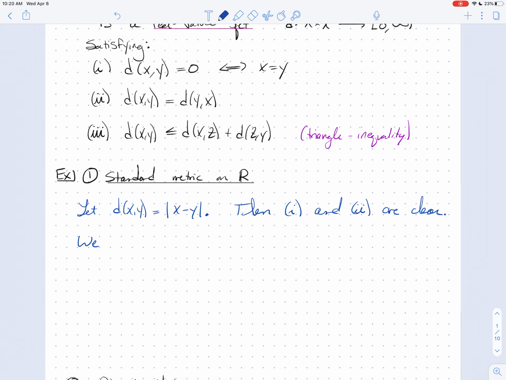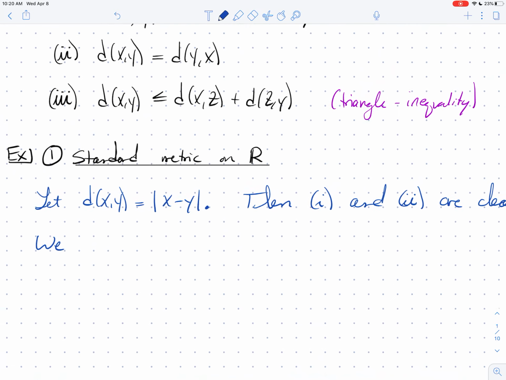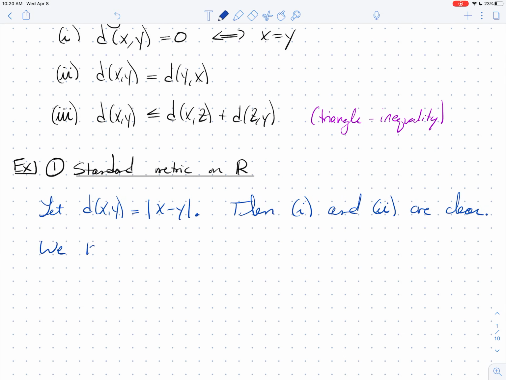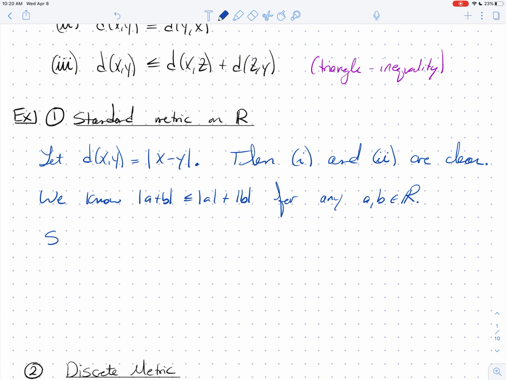Let's go ahead and point out that we know, actually I need to zoom in here, sorry. There we go. So we know that in general, the absolute value of A plus B is less than or equal to the absolute value of A plus the absolute value of B for any real numbers A and B in R. And so we're going to use that fact.